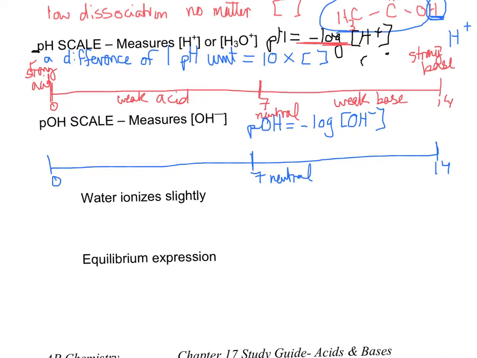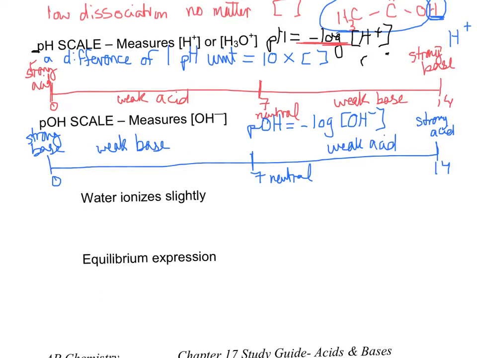So something that has a very low pOH would be a strong base. Something with a very high pOH would be a strong acid. Between 0 and 7, that would be a weak base or a strong base with very low concentration. From 7 to 14, that would be a weak acid or, again, a strong acid with a very low concentration.